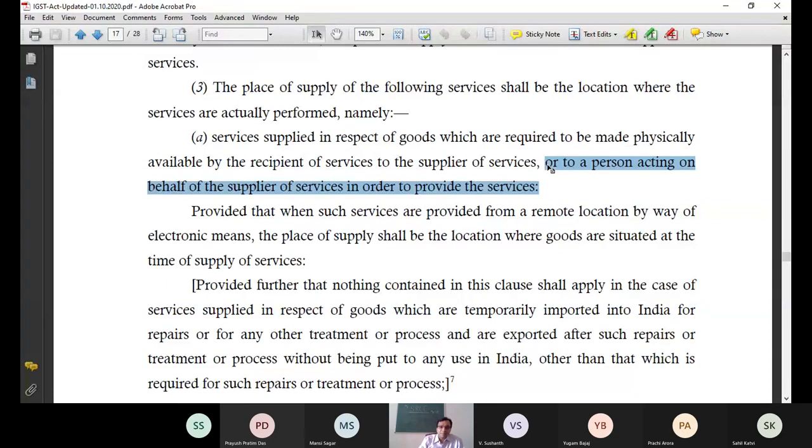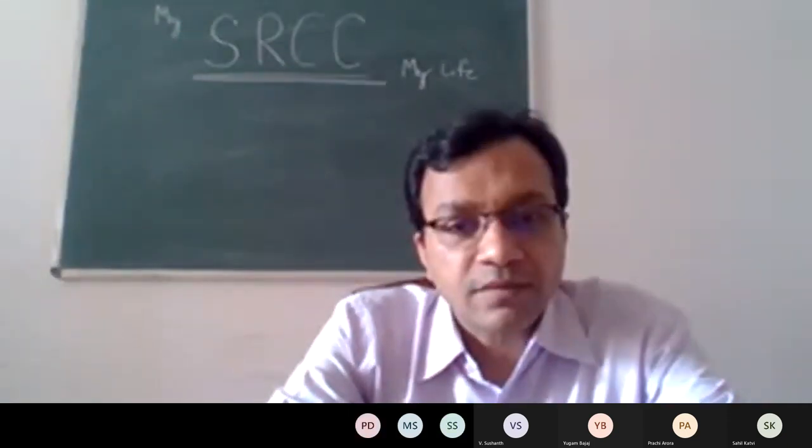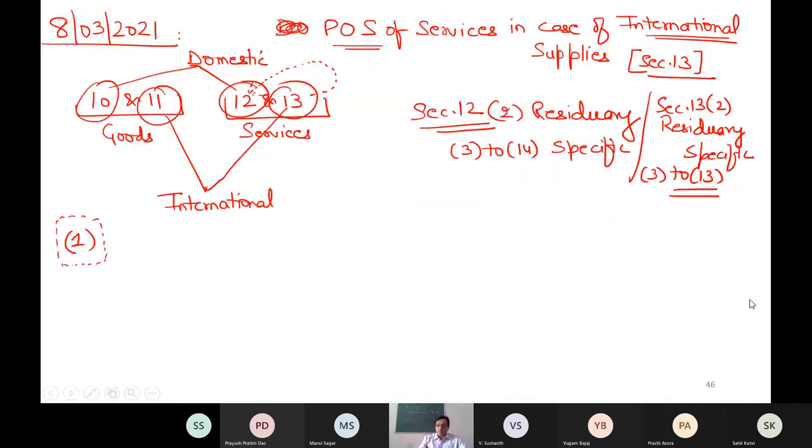So let me give you an example. What is the best example for this? Let me simplify this with the help of a hypothetical example. This is the first service which I will explain to you now: services related to goods.